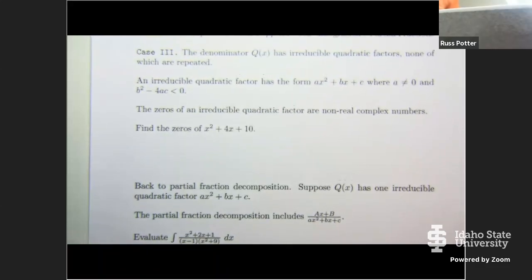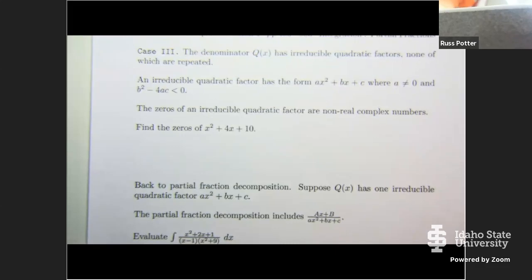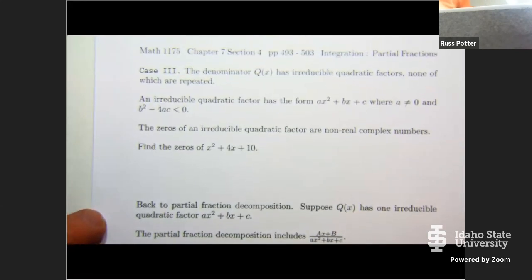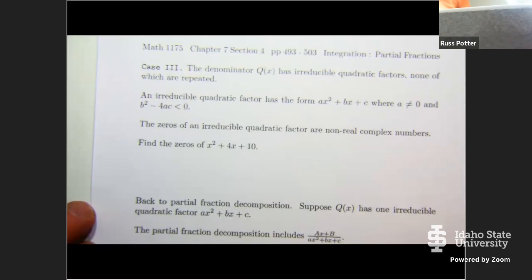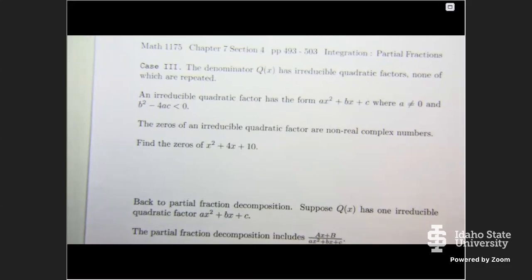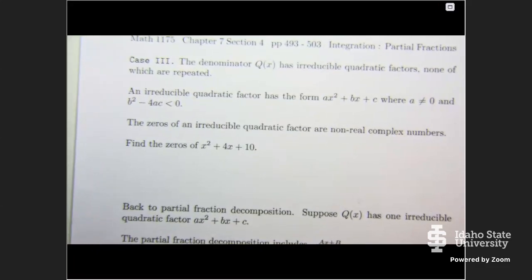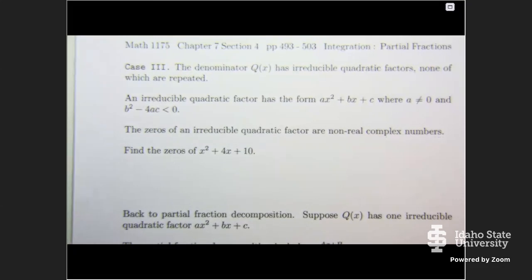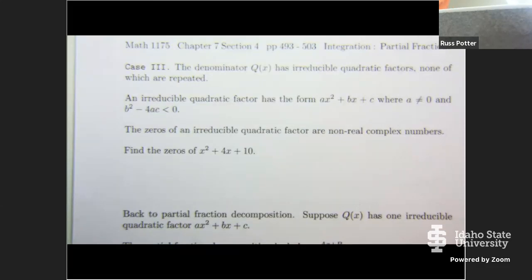Okay, so we're in case 3, integration using the partial fractions method. We're integrating rational functions where the integrand is p of x over q of x, and we're assuming that it's a proper rational function.